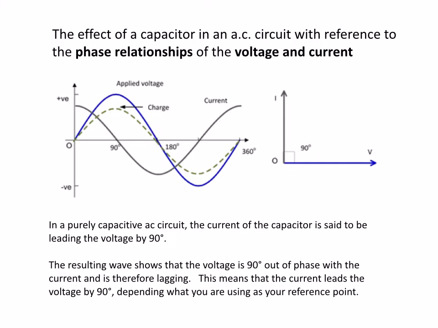Our reference is along the horizontal with the voltage, and the current leads by 90 degrees. You can see that in the sine waveform, the grey current line is starting at 0, but the voltage doesn't reach maximum until 90 degrees later. So the current is in front of the applied voltage by 90 degrees.